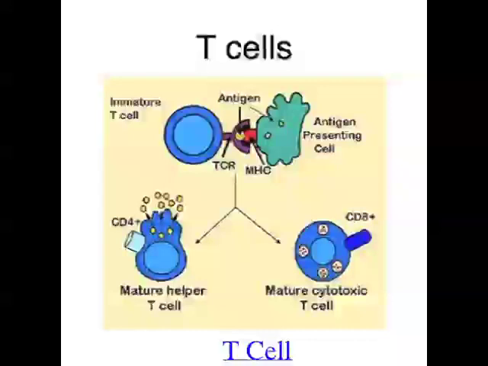So if you've got one cell which has been infected by a virus, a cytotoxic T cell will come and kill that cell before the virus replicates in that cell, and that cell then lyses, and millions more virus particles are released into the body. So that's helper T cells and cytotoxic T cells, and they're involved in cellular immunity.